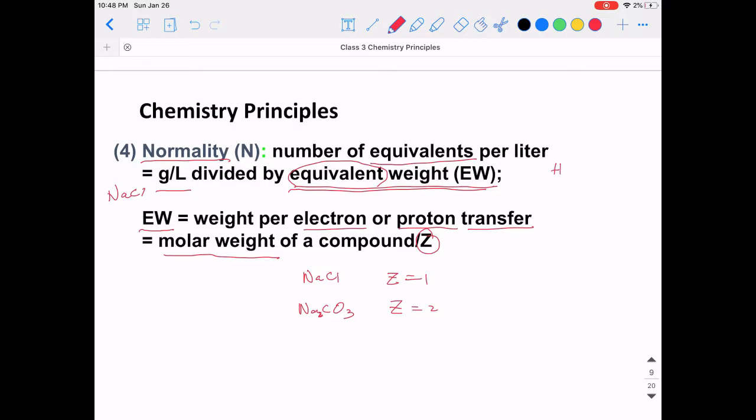And because for the sulfuric acid, the equivalent weight is half of the molecular mass, which is 49, that's why we can basically multiply the molarity directly by 2 to get the normality here.